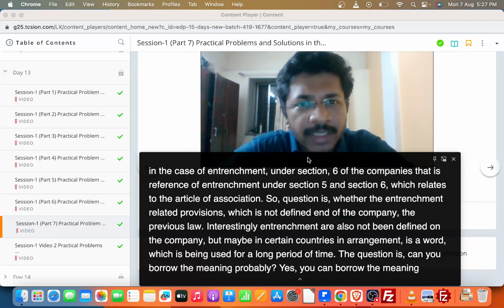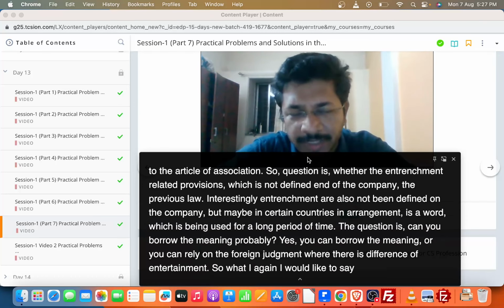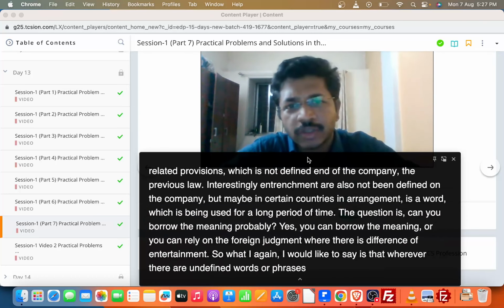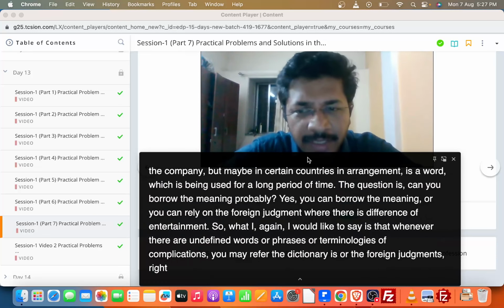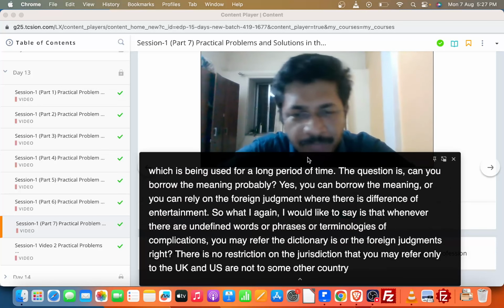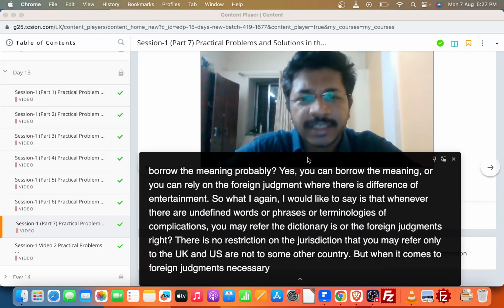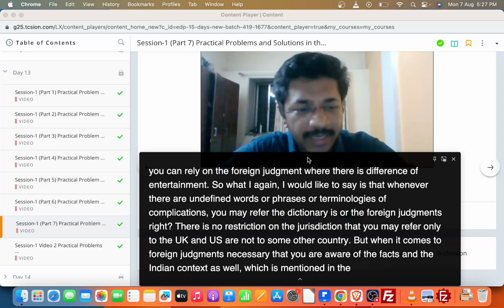Probably yes, you can borrow the meaning, or you can rely on the foreign judgment where there is a reference of entrenchment. So, what I would like to say is that wherever there are undefined words or phrases or terminologies or complications, you may refer to the dictionaries or the foreign judgments. Right? There is no restriction on the jurisdiction that you may refer only to the UK and US and not to some other country. But when it comes to foreign judgments, it is necessary that you are aware of the facts and the Indian context as well, which is mentioned in the slides.